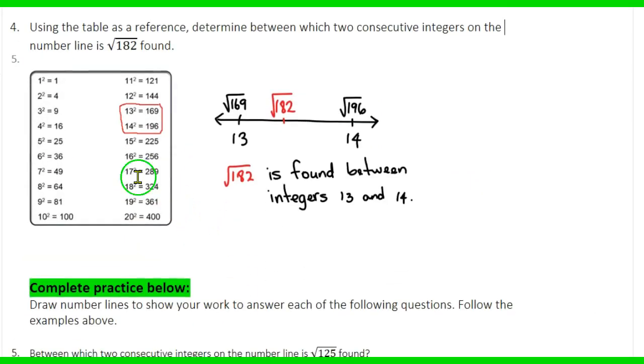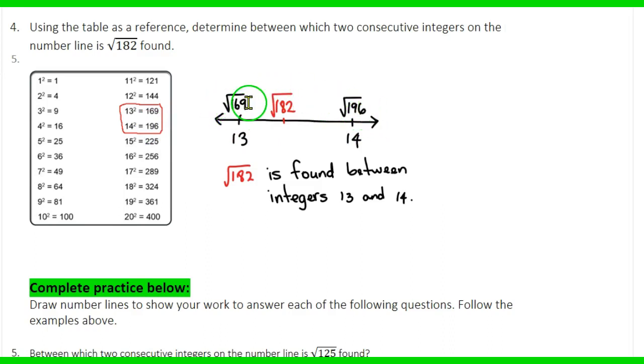Our last example, use the table as a reference. Determine between which two consecutive integers on the number line is the square root of 182 found. 182 is found between 169 and 196. So we draw our number line, and now we're going to graph the 169 and the 196.